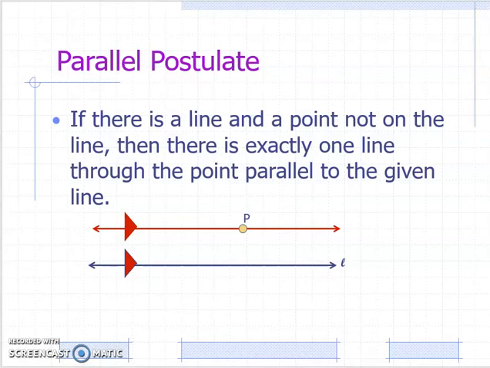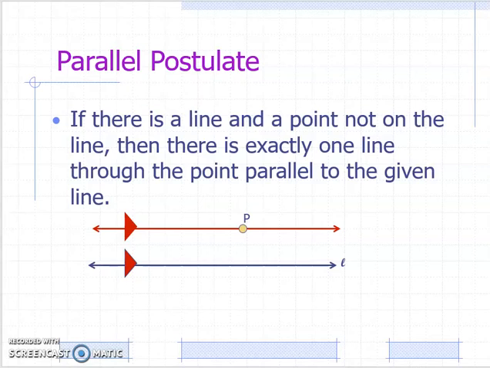So here's our first postulate dealing with parallel, and that is the parallel postulate. The law says, if there is a line and a point not on the line, then there is exactly one line through the point which is parallel to the given line. So let's look at that. We have our line L, which is the blue one.